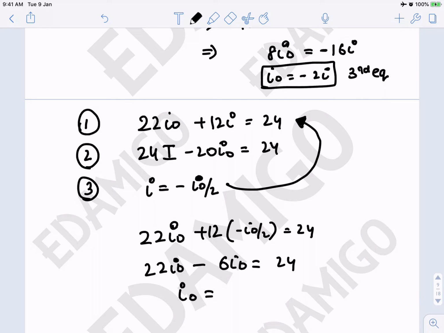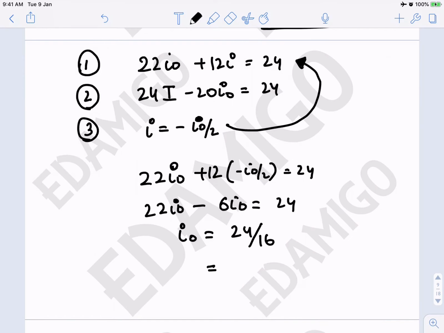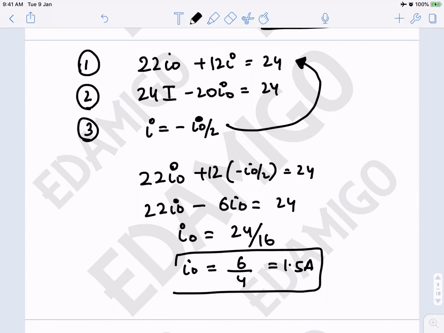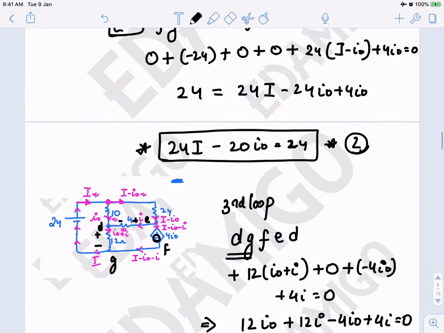I naught is equal to 24 divided by 16, that is 6 divided by 4, which is 1.5 amperes.